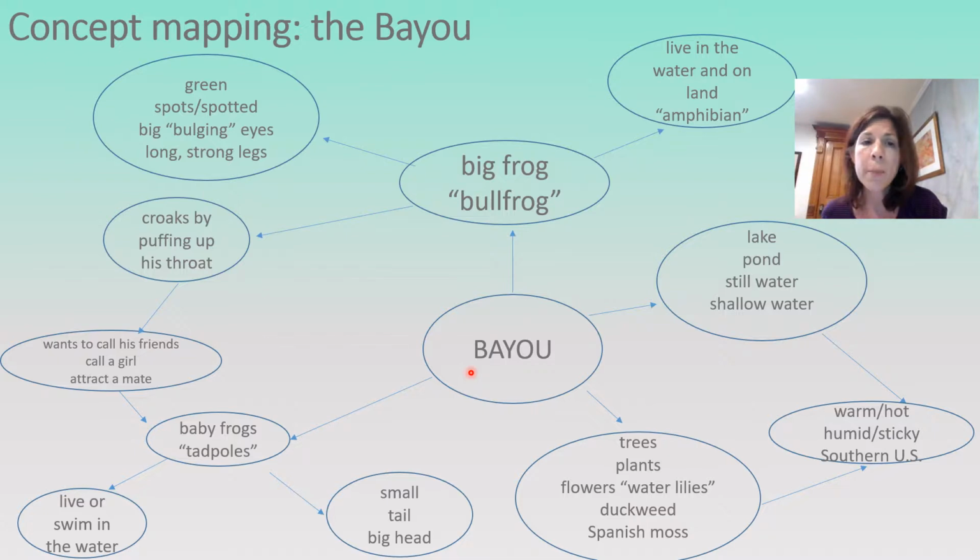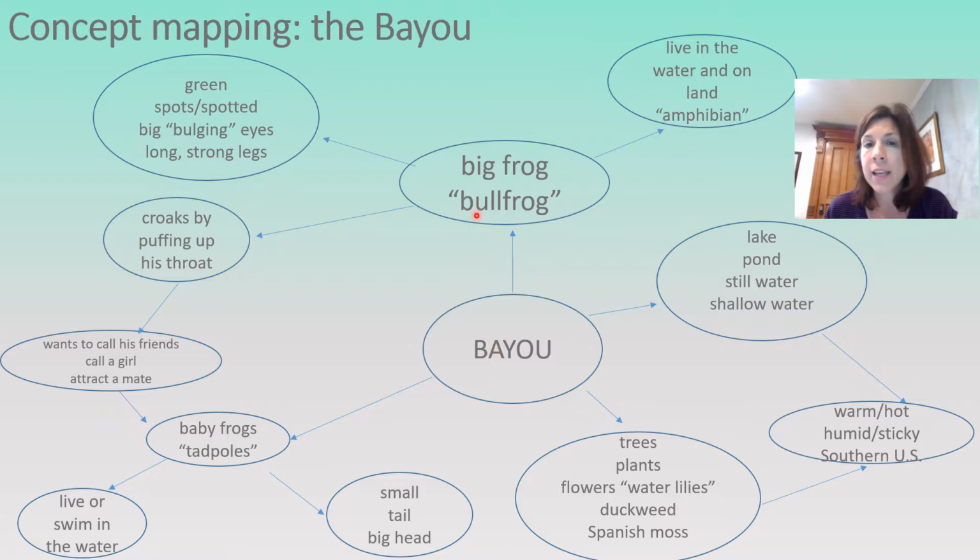So from this map, which you now have on your whiteboard or your smartboard, okay, you could conceivably do a whole bunch of activities with this. You could create sentences, right? You could have kids create sentences from this, for example, like the bullfrog lives in the bayou, right?